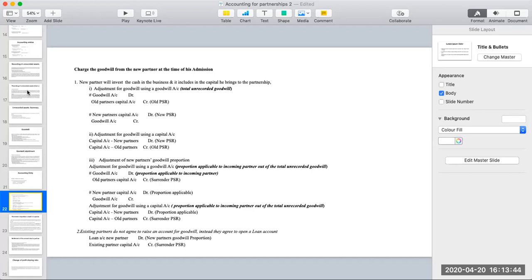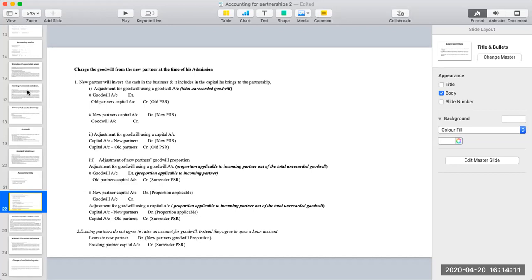Then the new partner's capital account is debited according to the new profit sharing ratio and the goodwill account is credited. So what is the net impact of this? Goodwill account is written off. Old partners are credited according to the old profit sharing ratio.